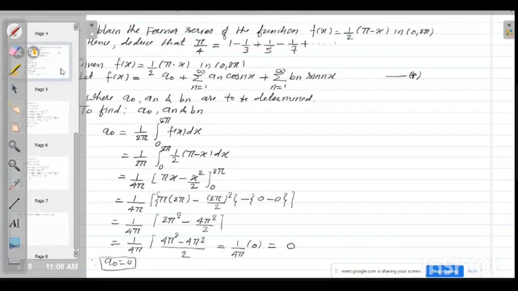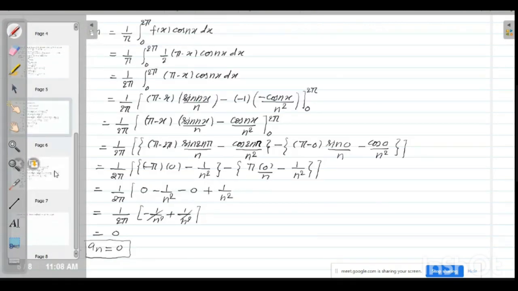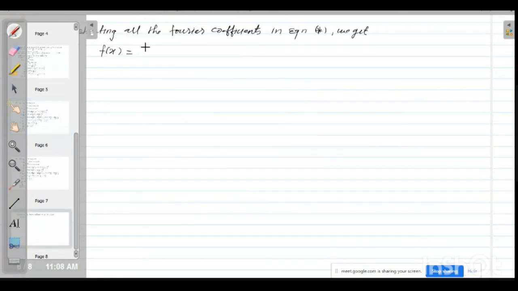You got the value of a naught is 0. Just write down over here 0 and plus summation running from n equal to 1 to infinity.